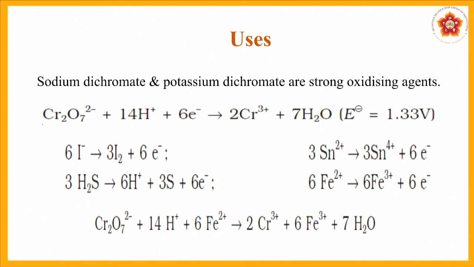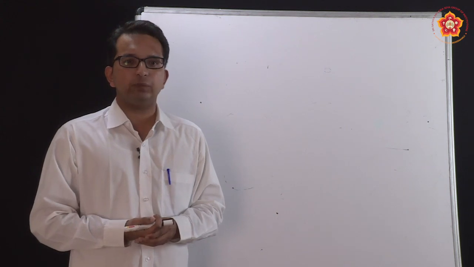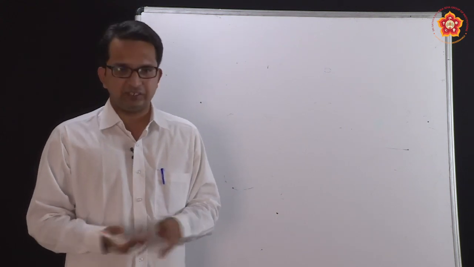The hydrogen ion is acting in the acid medium systems where it takes H+. Please remember that potassium dichromate will be stable in acidic mediums, and will not necessarily be stable in basic mediums. So for basic mediums we have other compounds. So this is all about the study of potassium dichromate which has been presented for us.